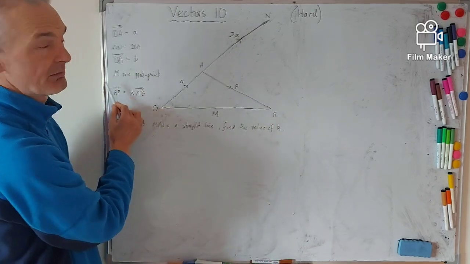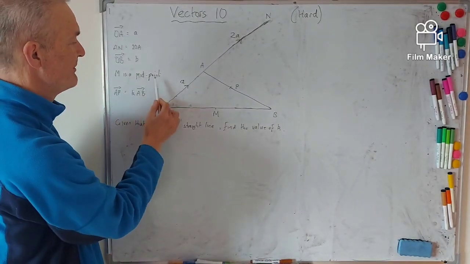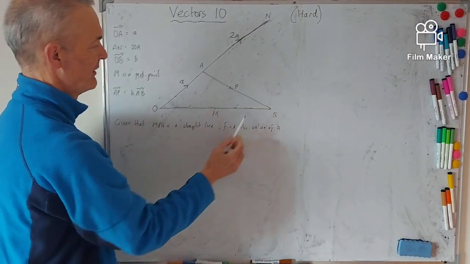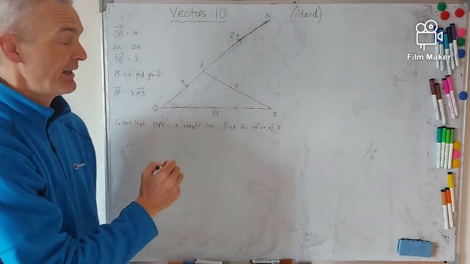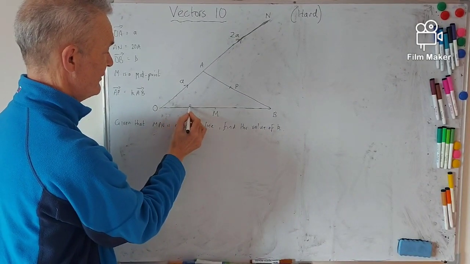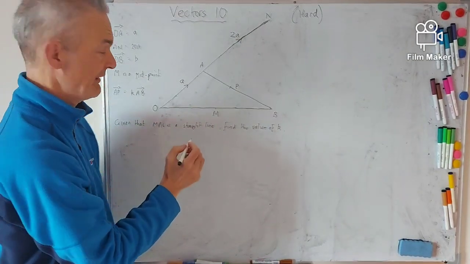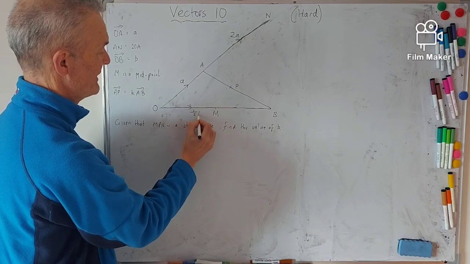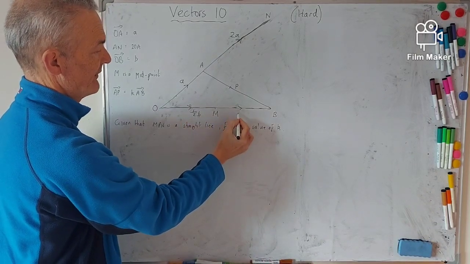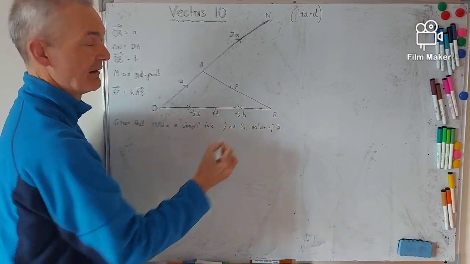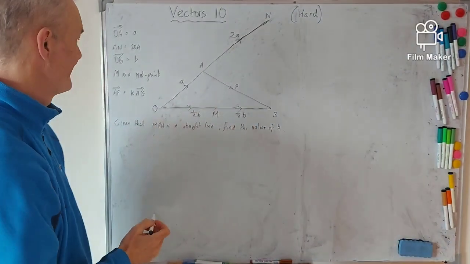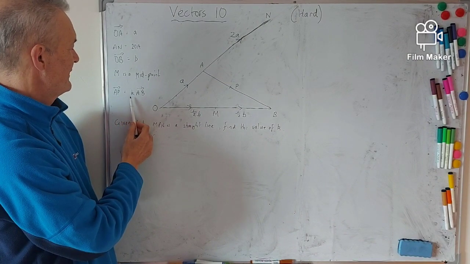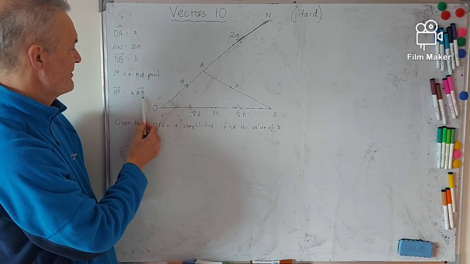And we're also told straight underneath it that M is a midpoint, so this is halfway. So as it's halfway, I'm going to do this in 2 bits. I'm going to call this bit here half B, and that bit there will also be half B. And we are told that AP is KAB.